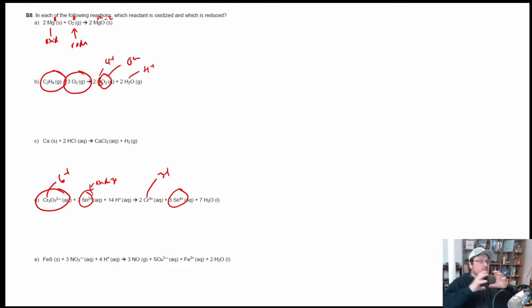Overall, though, the Cr2O7 2 minus, you would consider that to be an oxidizing agent because that molecule is the one that's transferring the electrons, but it's only the chromium atoms that are changing the oxidation state because the oxygen atoms are staying exactly at 2 minus. And so that's the difference to think about: the agent is the whole molecule, but you may only change the oxidation state of one atom as a part of that agent. Does that make sense?